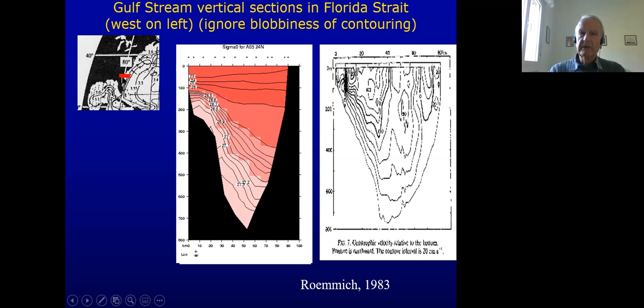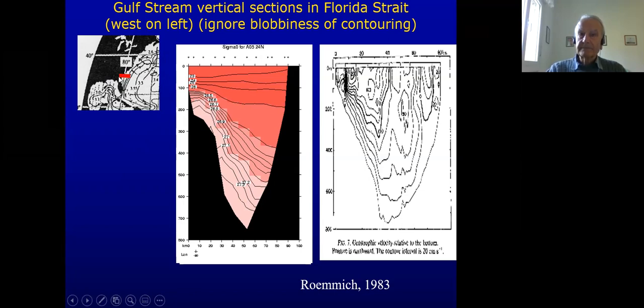If you do the measurements here, perpendicular to the coast, of the density, for example, you obtain the density field. This is the vertical distribution of the density field from the coast to the open sea. This is Bermuda Island.